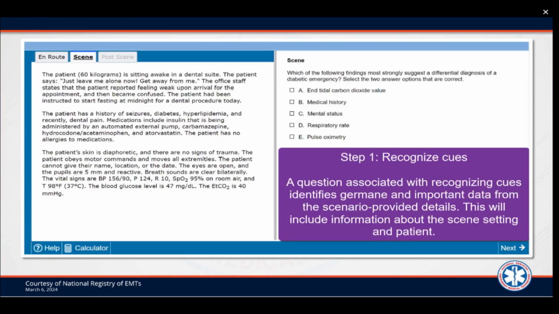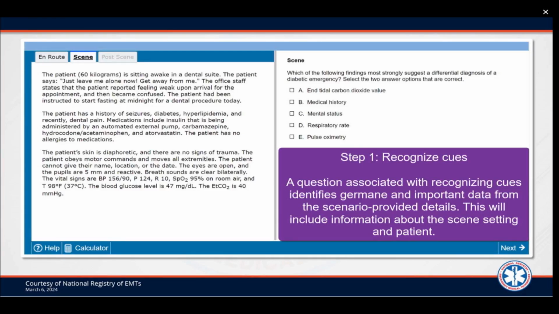The patient has a history of seizures, diabetes, high cholesterol, recently dental pain. Medications include insulin that is being administered by an automated external pump, carbamazepine, hydrocodone/acetaminophen, and atorvastatin. The patient has no allergies to medicines.